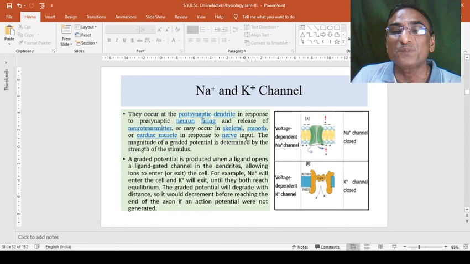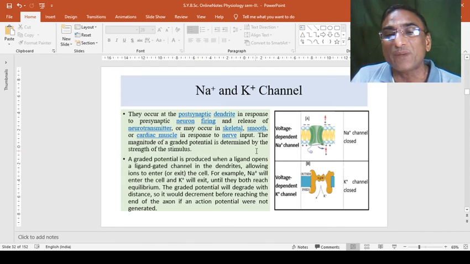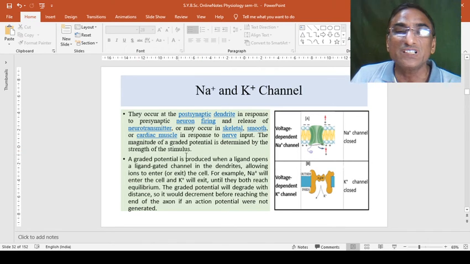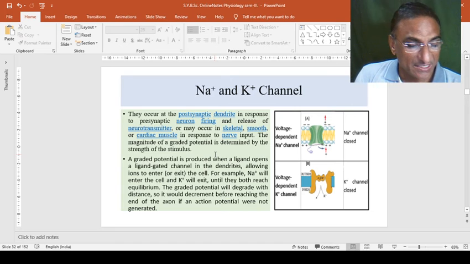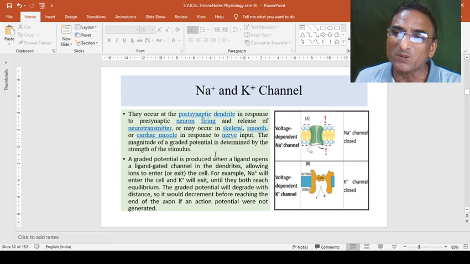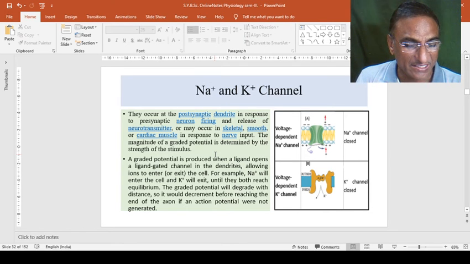Whatever the nerve input is, accordingly these cells show changes in the release of neurotransmitter, and the magnitude of the graded potential is determined by the strength of the stimulus. Generally, the graded potential can vary in magnitude depending on the strength and duration of the stimulus. Strength and duration also play a key role in the facilitation of the graded potential.